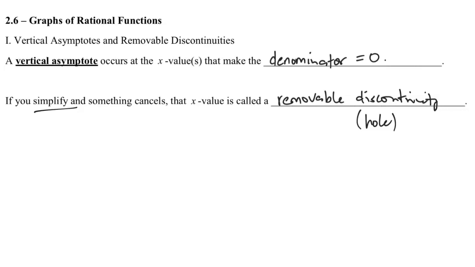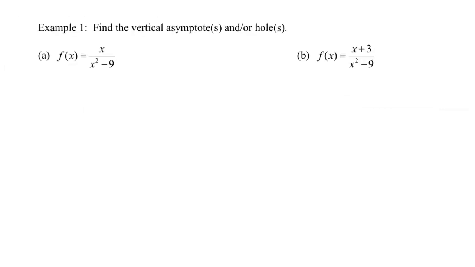And we'll see the difference in those as we work the examples here in these notes, and then graphically once we get to the Rady method a little bit later on. Okay, so here in example 1, we want to just identify the vertical asymptotes and or any holes that the function might have. For letter A, we have x over x squared minus 9.